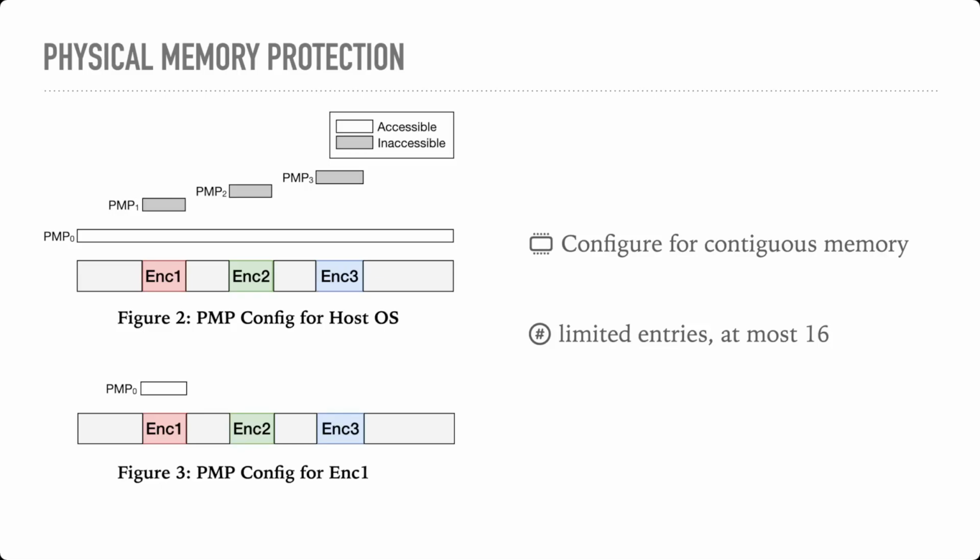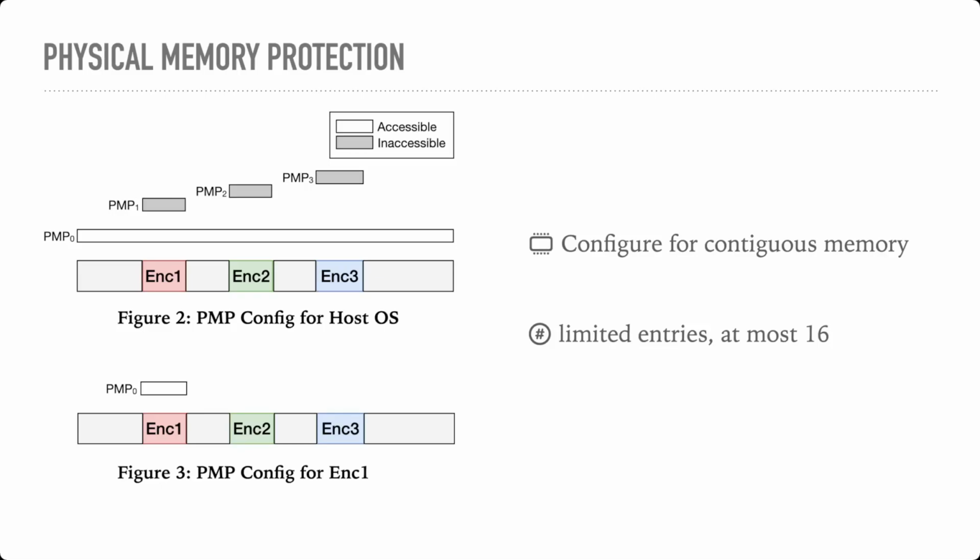The PMP is a standard hardware component for RISC-V, so lots of TEEs rely on PMP to protect their enclave memory. The PMP can configure accessibility for contiguous memory regions when the CPU turns to the host OS. Suppose there are n enclaves, it will need n+1 PMP entries to configure the memory regions to protect each enclave.